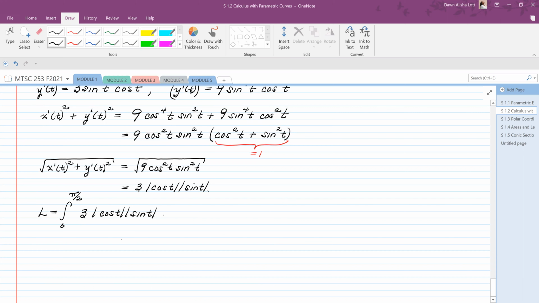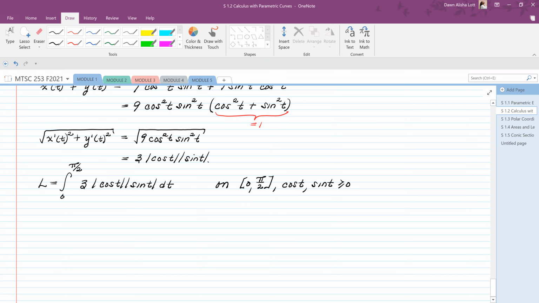dt. But life is good because on the interval 0 to pi over 2, the cosine of t and the sine of t are both greater than or equal to 0. So I can drop the absolute value.